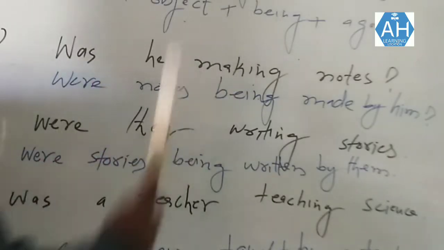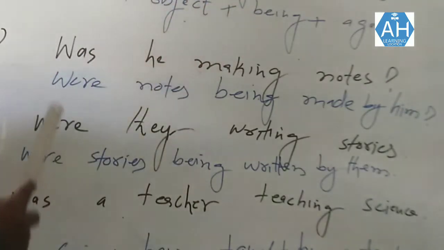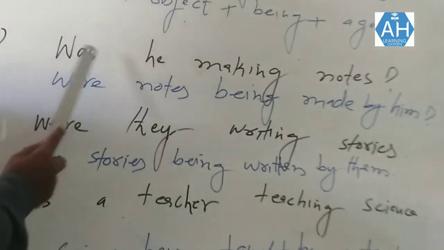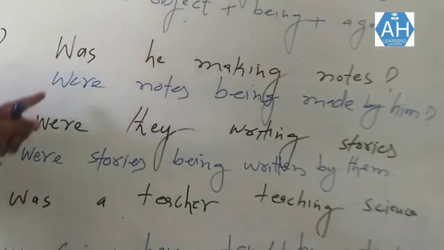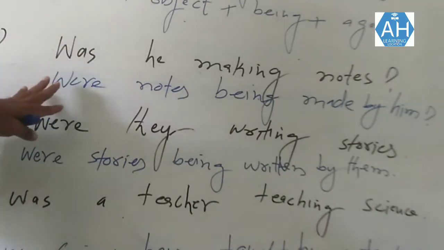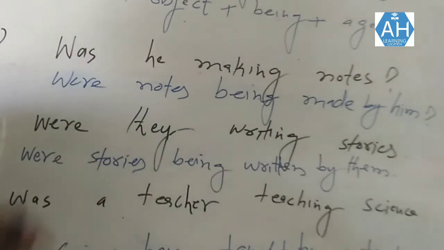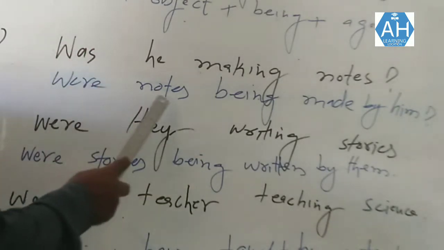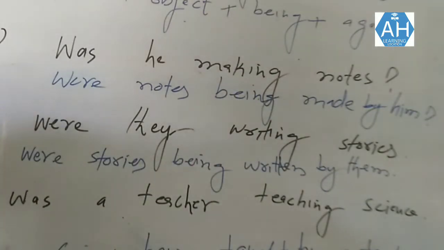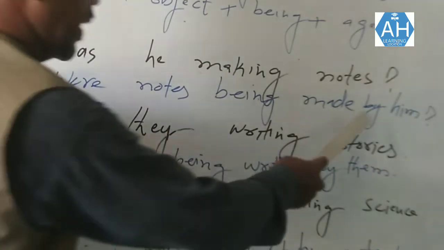Was he making notes? Now let's change. This is an interrogative sentence, so I have to start the passive of past continuous with was or were. The helping verb will lead the sentence. Were notes being made by him? By him is the agent.